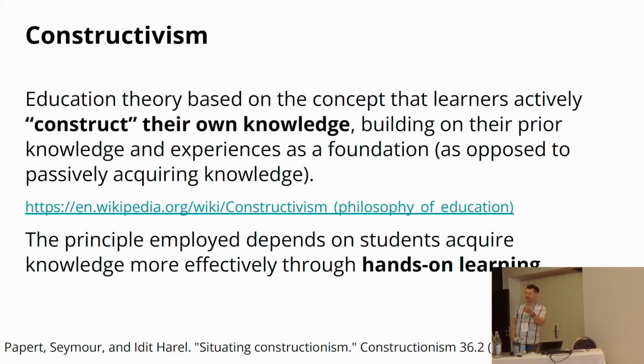You're engaging with the information and actually using your own brain actively in the learning process. So the idea is we go from passive learning to active learning, and it builds on the user's pre-existing knowledge.